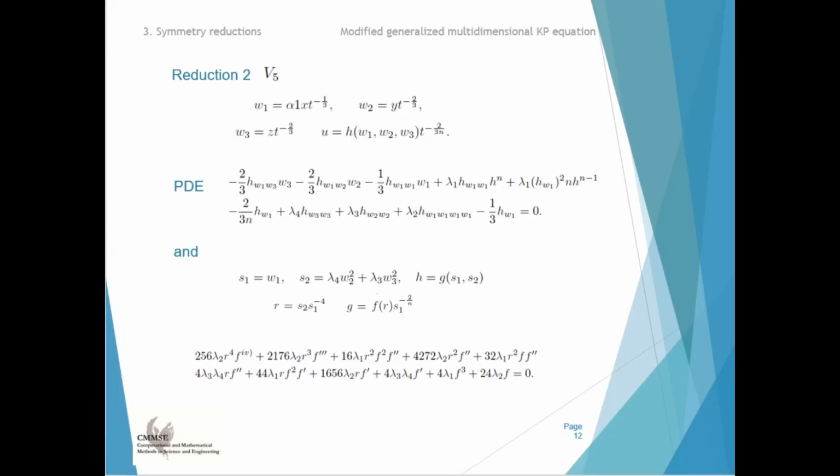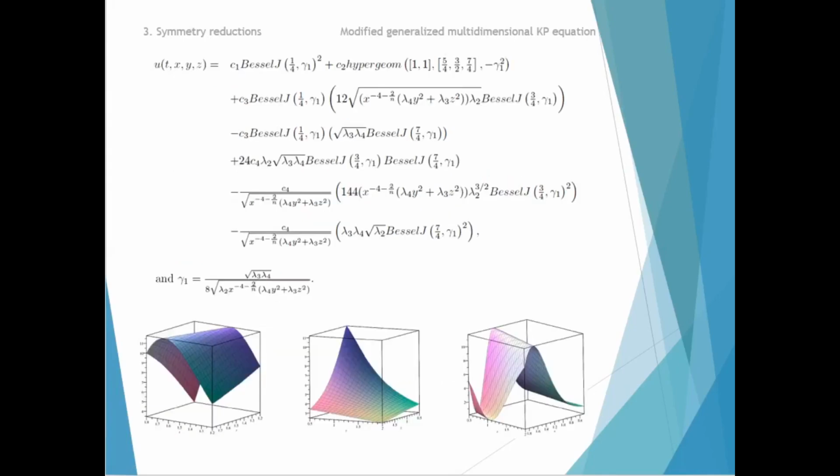By using the generator V5, we obtain this group invariant and this PDE, and by using again the Lie symmetry method, we obtain this ODE with a solution.